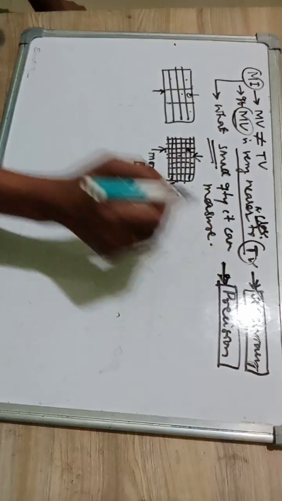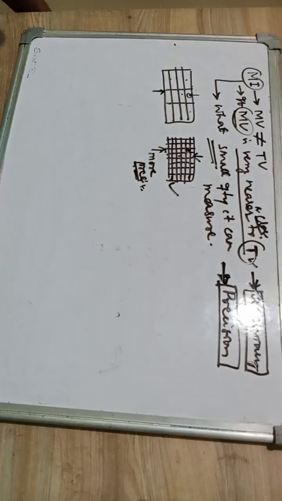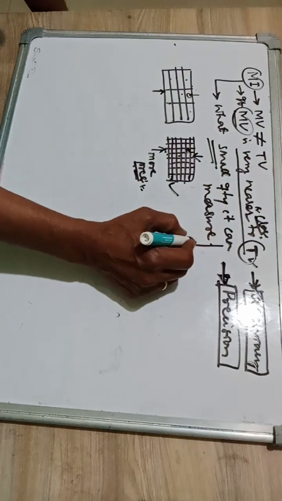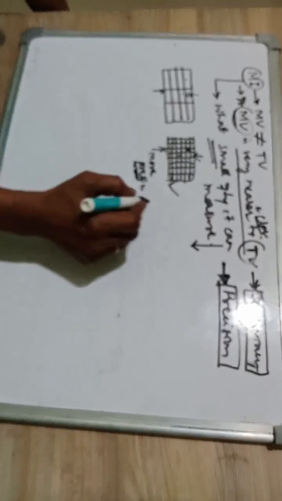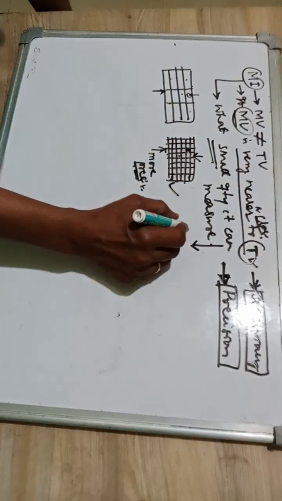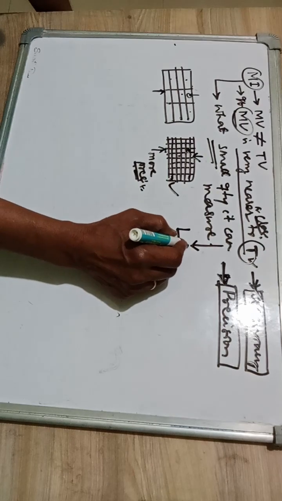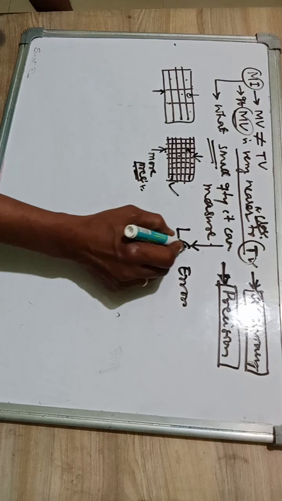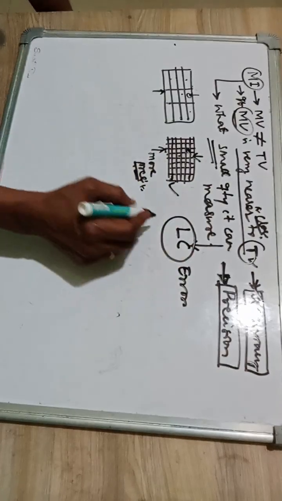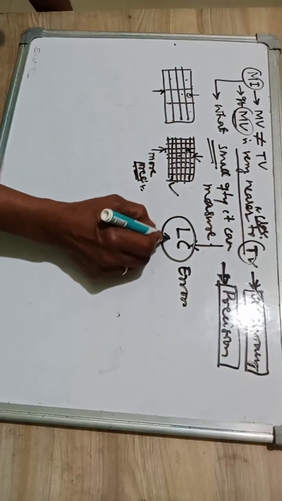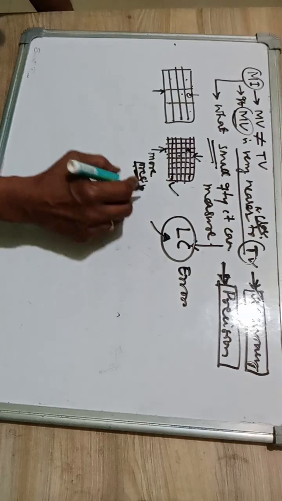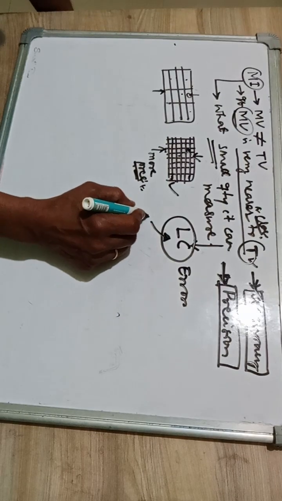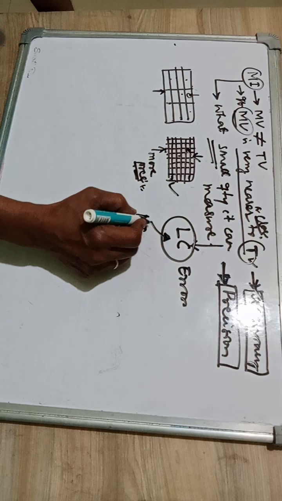Due to this precision of the instrument, we come across some errors. This error is termed as least count error, because the smallest quantity that can be measured is the least count for that measuring instrument.